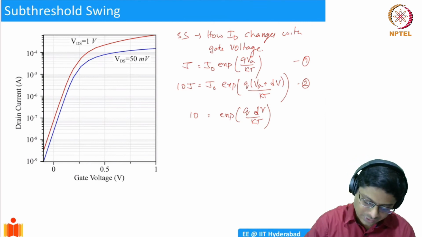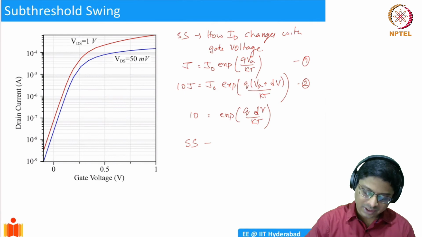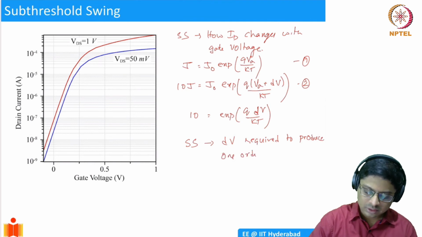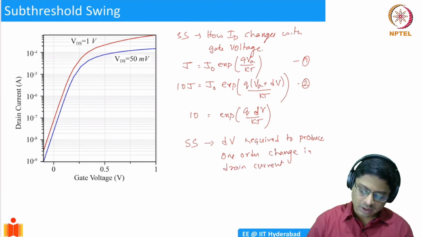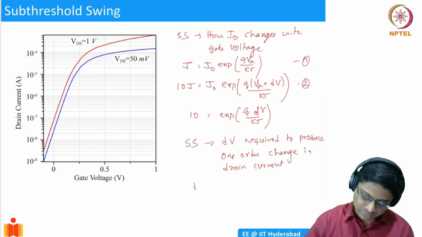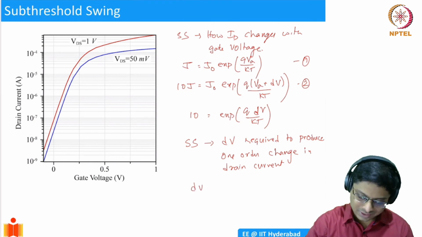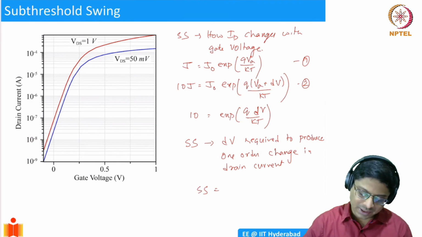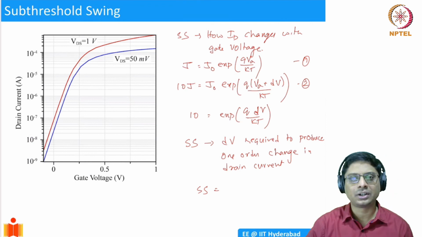So I'll define subthreshold swing as the delta V required to produce one order change in drain current. Okay, how much is that? Subthreshold swing SS is equal to 10 times kT, no, okay, we have to take the natural logarithm of it.